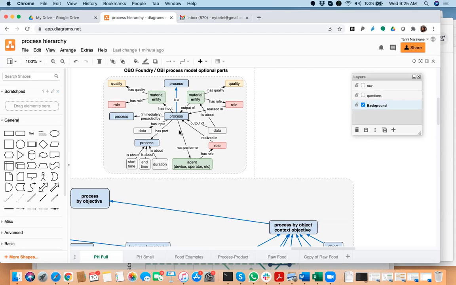Something I just thought I would bring up that I didn't see in here, that is a process by objective that should probably be included, is adulteration. Now we tend to think that that's not a good process, but I think that we should tend to be agnostic about those things.